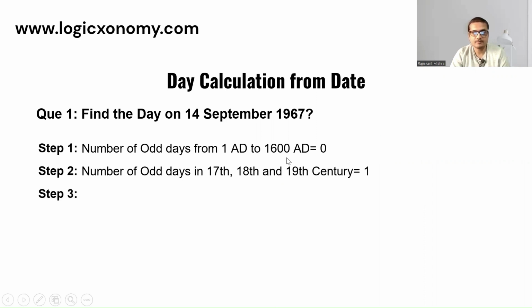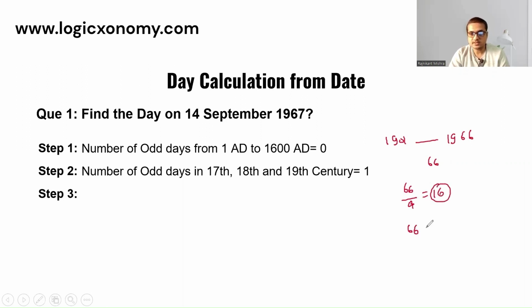Step number 3. Now we have to calculate the number of odd days from 1901 AD to 1966. Here, the total number of years is equal to 66. The number of leap years is equal to 16.